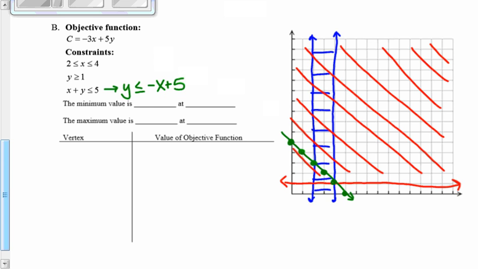And it says y is less than, so I'm going to shade below. Okay, so this feasible region is really small. If you look wherever there is just red, green, and blue, it's this triangle right here.